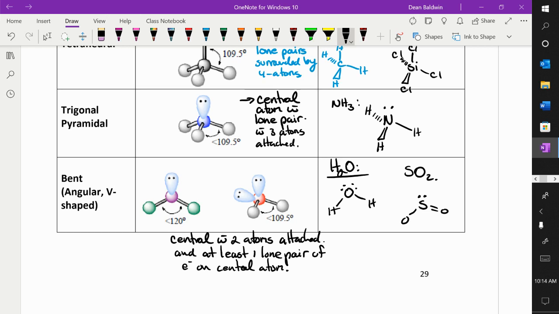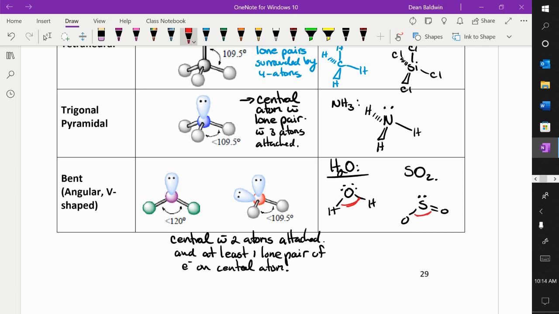Water or SO2? So if I said, would this angle or this angle be smaller? I would say water, the water.